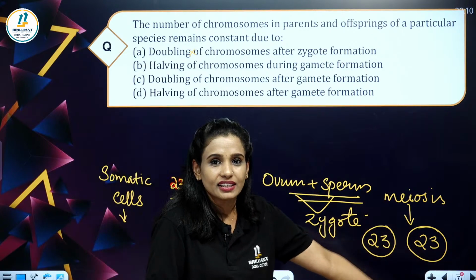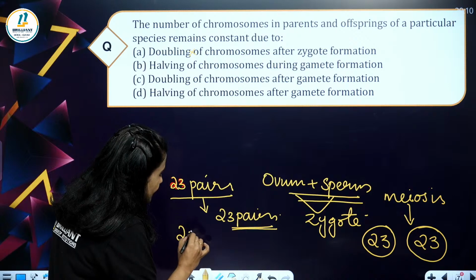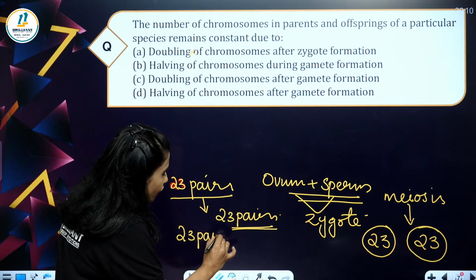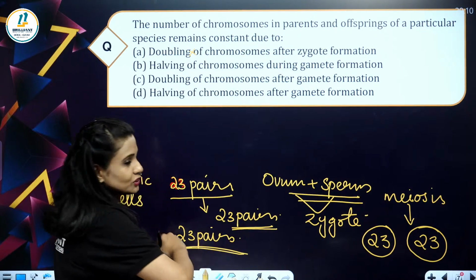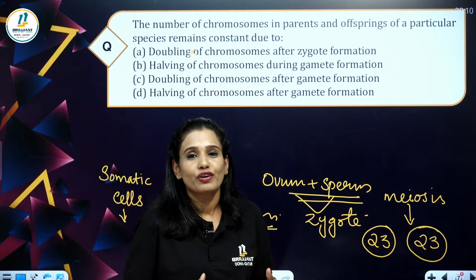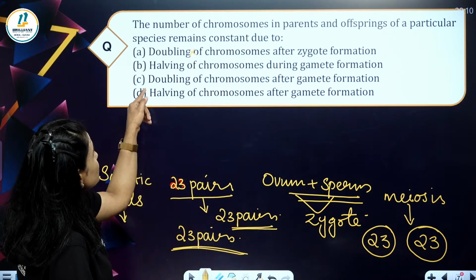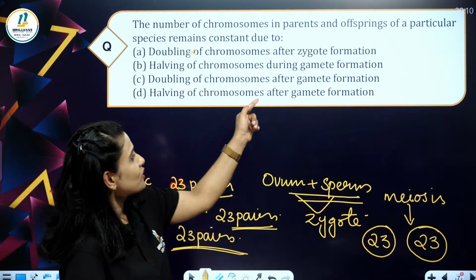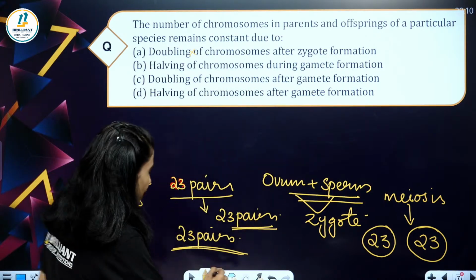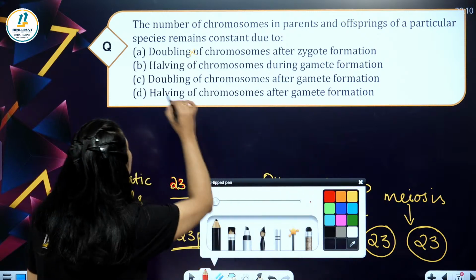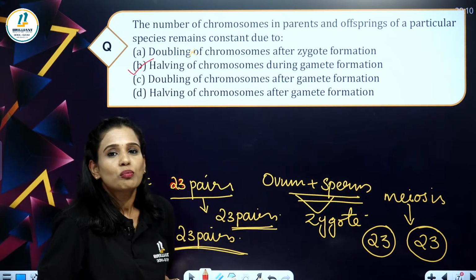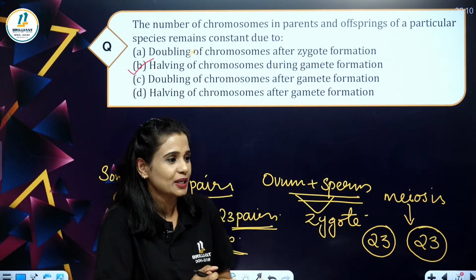And all together, it will be 23 pairs of chromosomes. So, which one is the correct answer for this? It is due to halving of chromosomes during gamete formation.